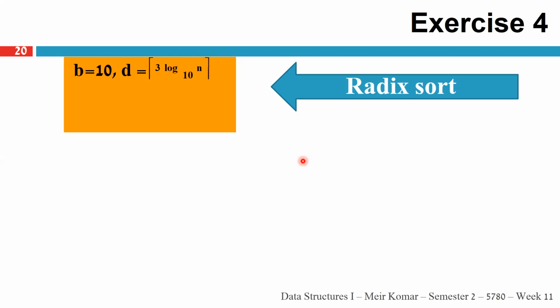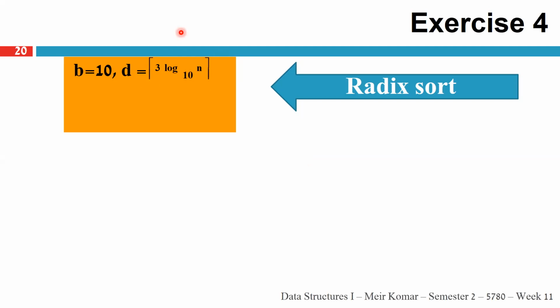So the number of digits that I need would be the ceiling of the log of n cubed. I'll take the 3 down, and I'll take the log, and this will tell me how many I'll need. To get to the number 1,000, I need 4 digits, because 1,000 is 1, 0, 0, 0.